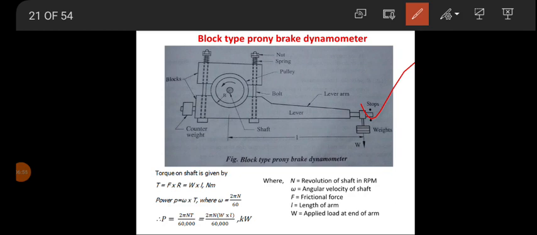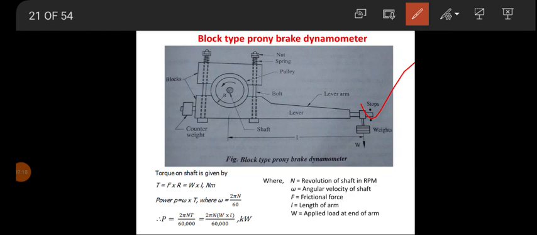So the lever does not move to an extreme up or extreme downward condition. That's why we are using the stops S1 and S2.